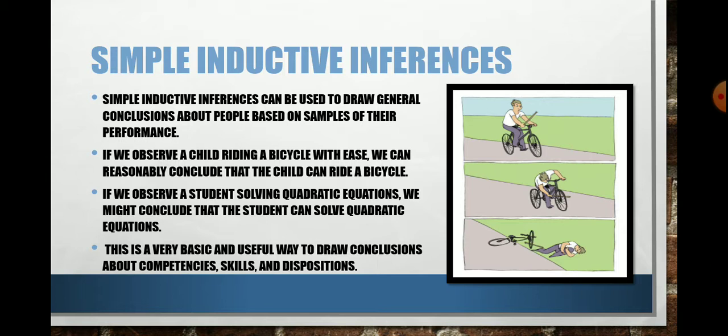This one here, a child being able to solve quadratic equations, or the child that can ride a bicycle effortlessly. Okay? So we can safely assume that the skills being shown by the student can easily create a conclusion in our mind about the skill of the child regarding the quadratic equations.